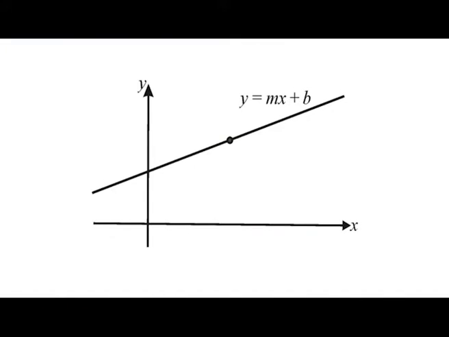We now show that the line y equal to mx plus b is its own tangent at any point p of x naught, f of x naught, equal to ordered pair x naught, mx naught plus b.